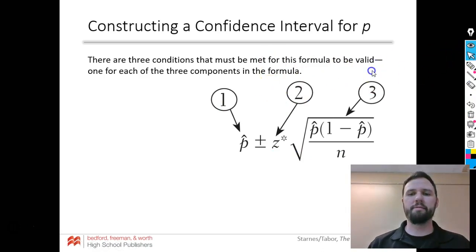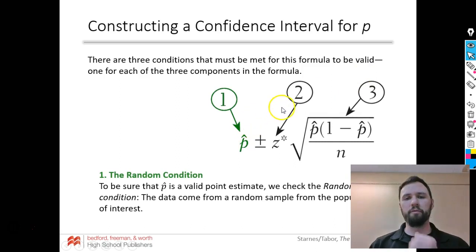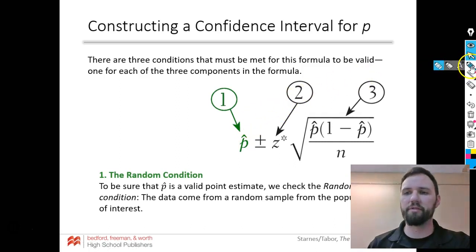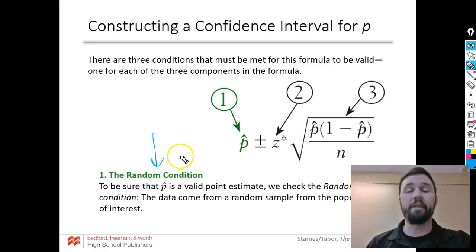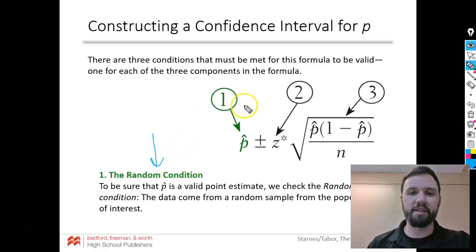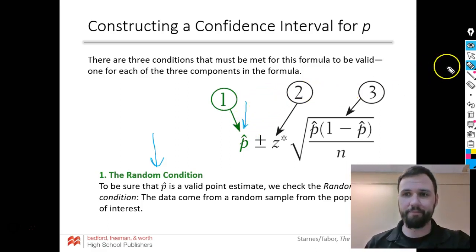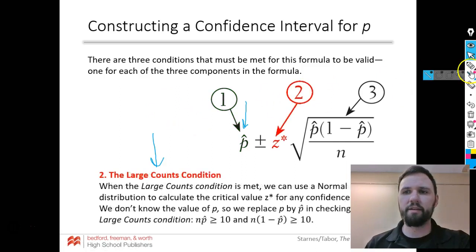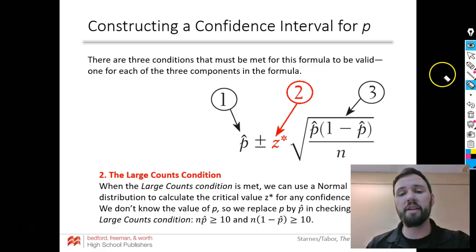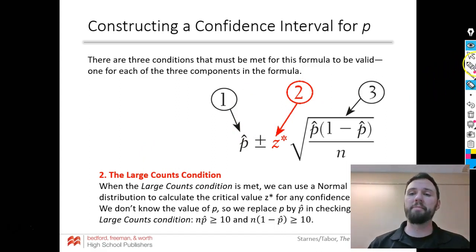So again, there's some things we have to check to make sure the pieces work. The first thing we need to make sure is it random? Does it come from a random sample? Because if it does, our point estimate is good. Does it meet large counts? If large counts isn't true, it might not be normal.